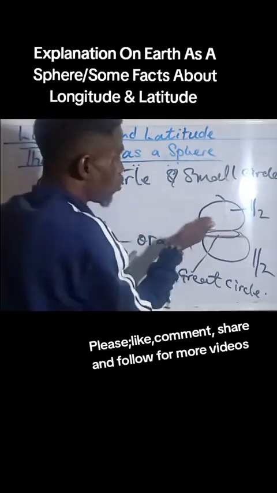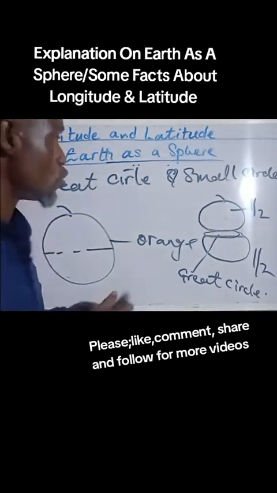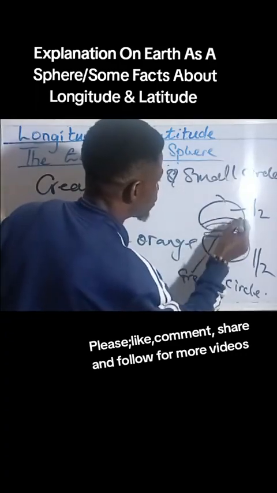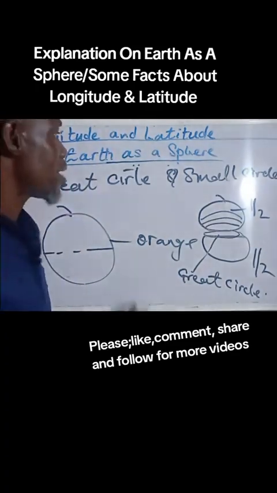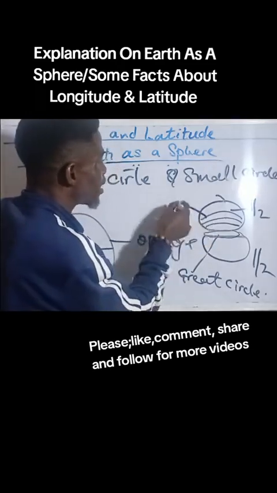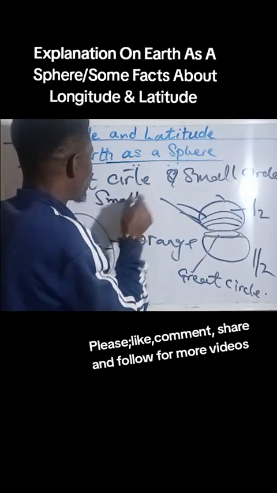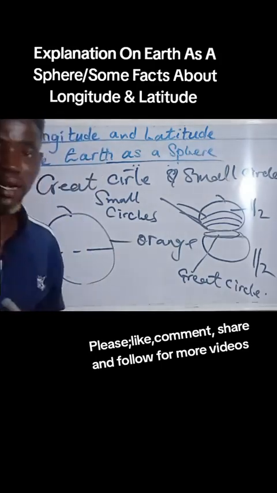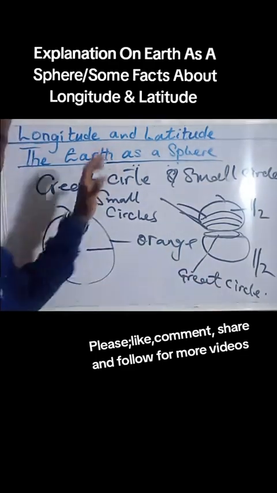But the remaining one, maybe you have 3 children or 4 children and you want to give them, you start cutting it into circular cross sections. Are you getting? So those remaining parts, we call them small circles. I hope by now you should be able to understand the difference between great circle and small circle.